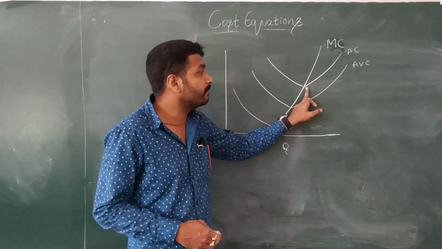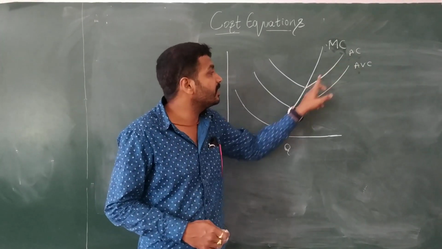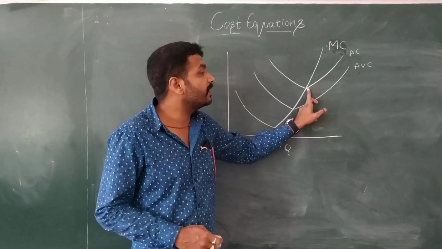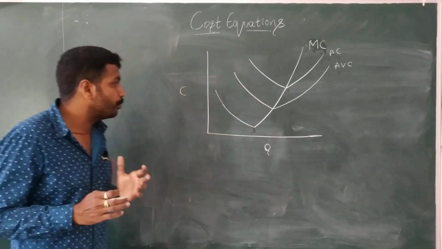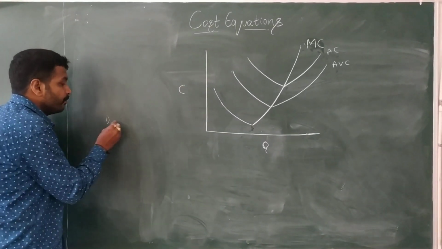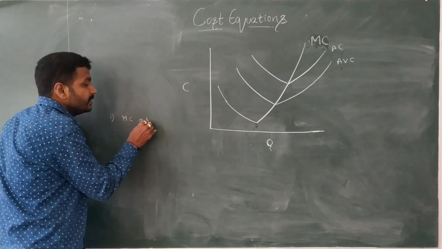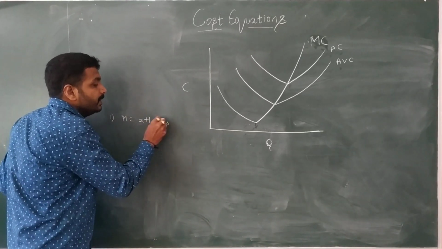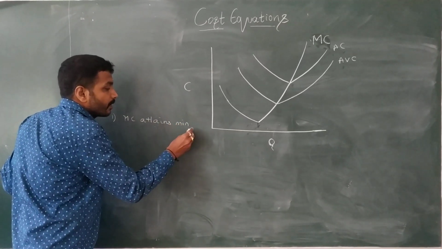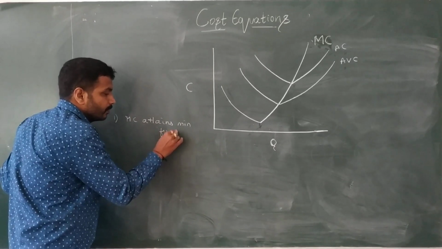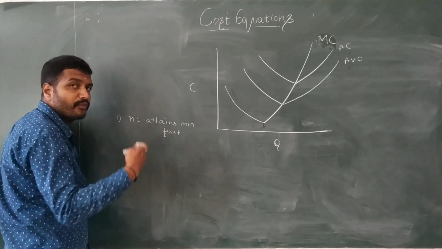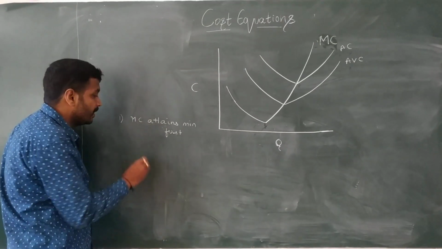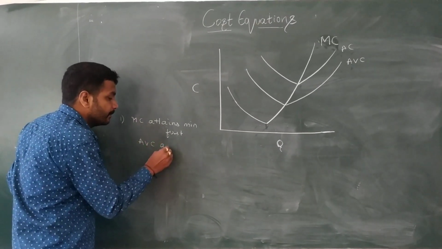The last cost which is going to attain its minimum is AC. Okay, that you need to remember. Again, when AC attains its minimum, AC will be equal to MC. So now you need to remember a few points. First thing is that MC attains minimum first. It will be followed by ABC attaining minimum.